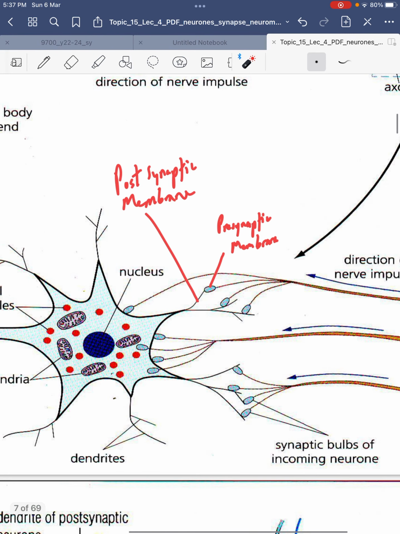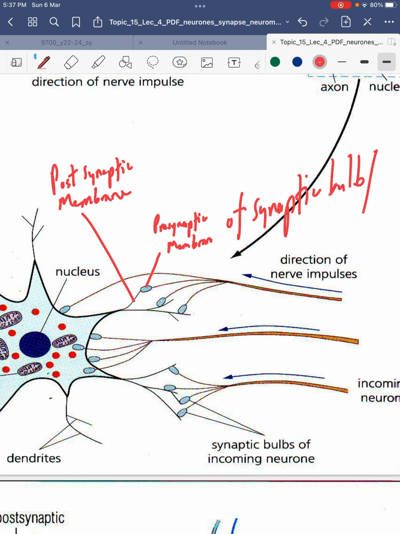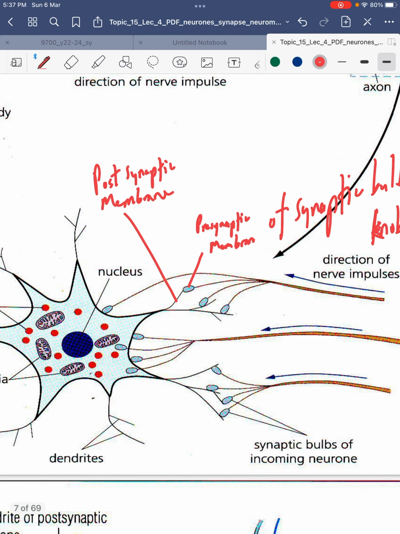This is the membrane of the synaptic bulb, sometimes known as knob. Whereas this one here is the postsynaptic membrane of the dendrites.